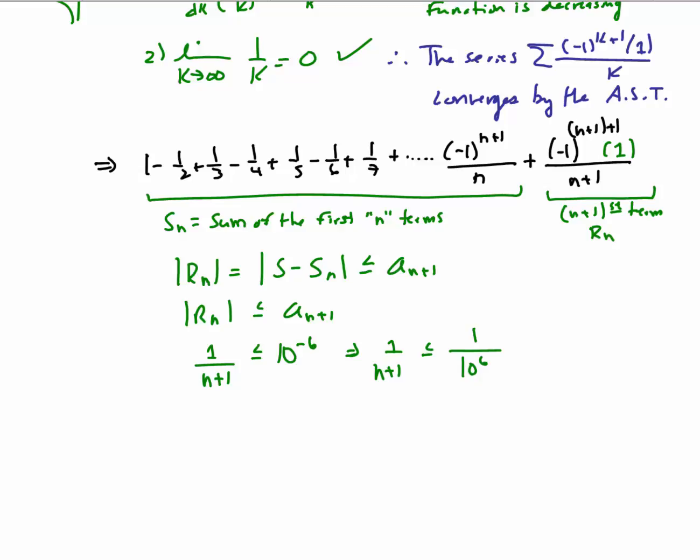And then from there, we can think about this as cross multiplying, and we get something like 10 to the 6th would be less than or equal to n plus 1. We usually like our variables on the left, so that would be n plus 1 has to be greater than or equal to 10 to the 6th. So what we have then is 10 to the 6th, that's a 1 with 6 zeros. That's a million terms. So a million terms are needed.